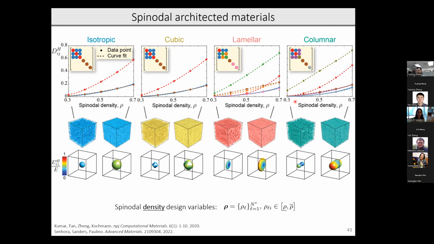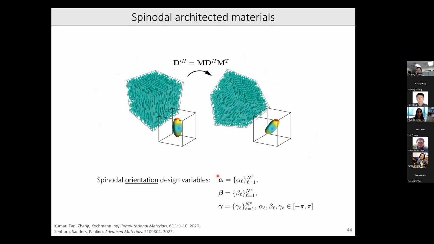Okay, we're also going to introduce some orientation design variables so that we can arbitrarily orient these spinodal architectures throughout our structure, which provides significant design freedom, as you'll see in a minute. Now, you may be wondering, what's different here? Before I said with the lattices, if we allow them to arbitrarily orient, connectivity becomes really challenging.